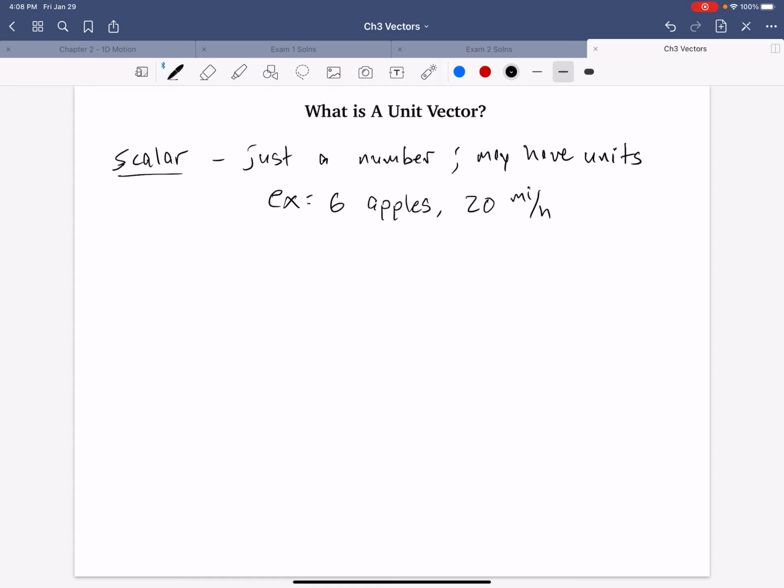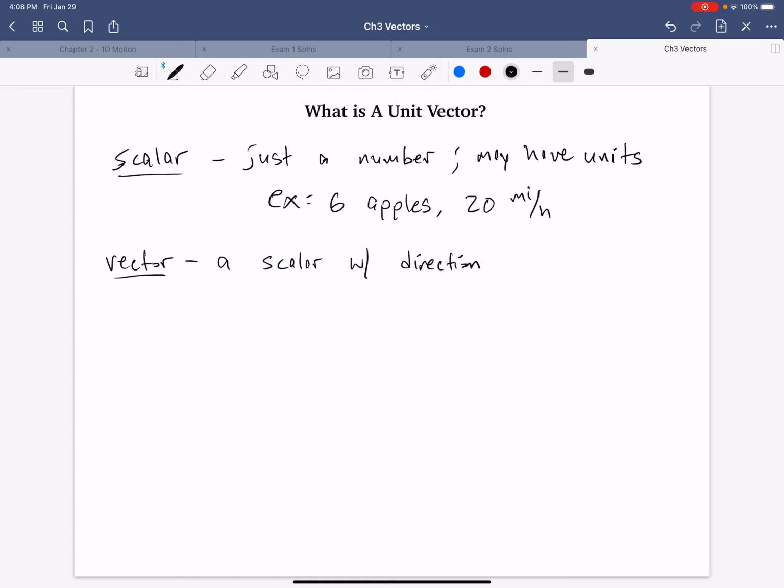The vector bit about it: to turn a scalar into a vector, you need to add one specific piece of information, and that specific piece is the direction. So you can say a vector is a scalar with direction. That's it.